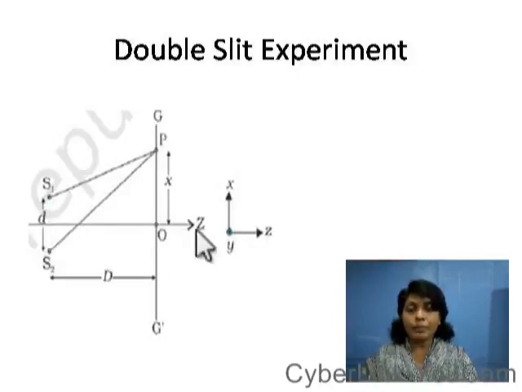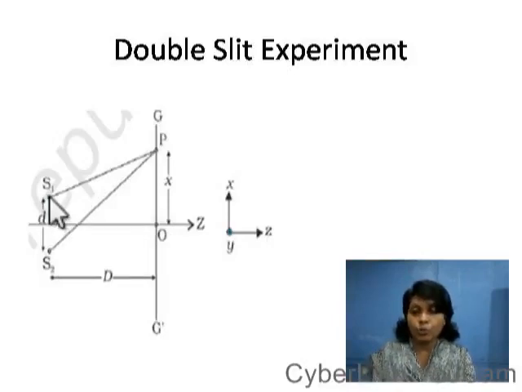And on the screen at the midpoint, what you get is a bright fringe, because the path difference between the waves from source 1 and source 2 at the midpoint is 0.